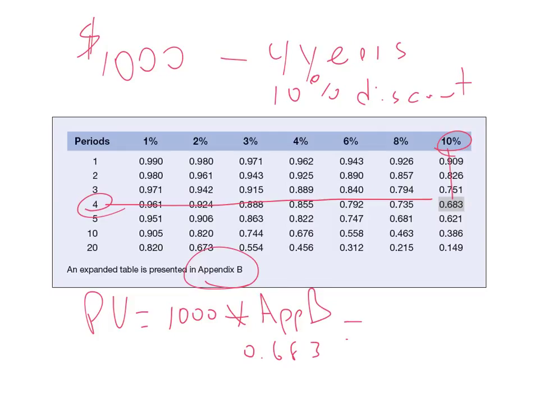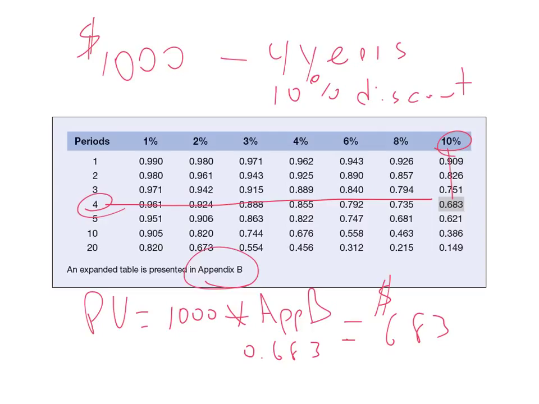And so the present value of $1,000 4 years from now, discounted at 10%, is $683. That $1,000 loses value because it occurs in the future.